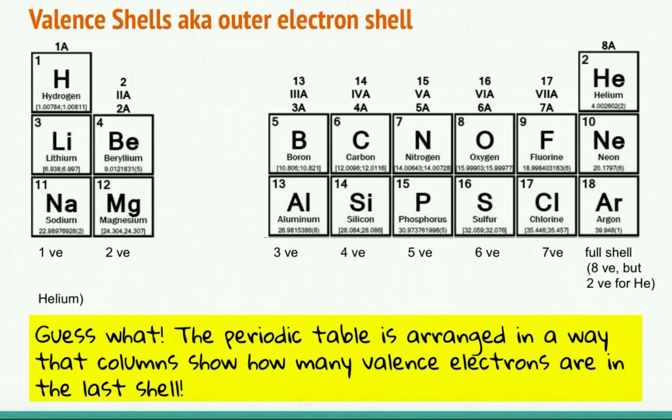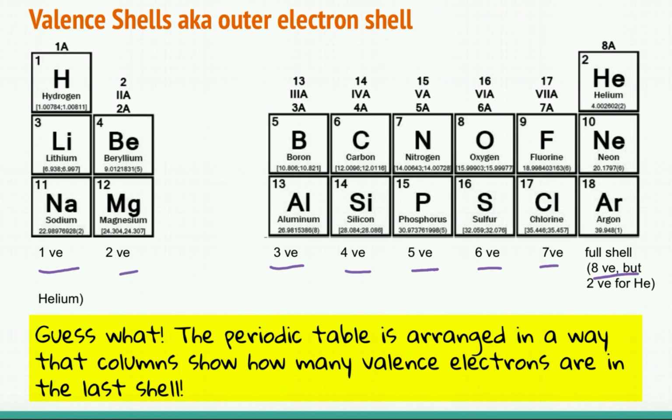Now, if you didn't realize this, it turns out the periodic table is arranged in a way that shows you how many valence electrons are in the last shell. So if you look at the 2 columns on the far left of your periodic table, the first and second column actually have 1 valence electron and 2 valence electrons in the outermost shell. And if you look at the 6 columns all the way to the right of the periodic table, they are in order of 3, 4, 5, 6, 7, 8 valence electrons.